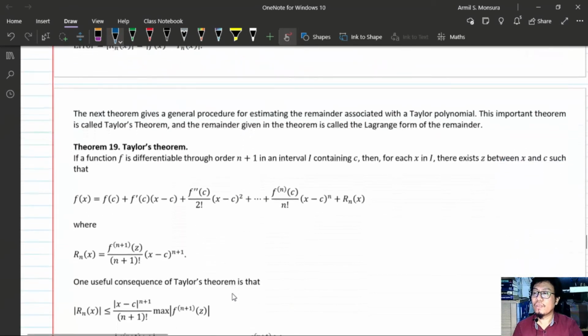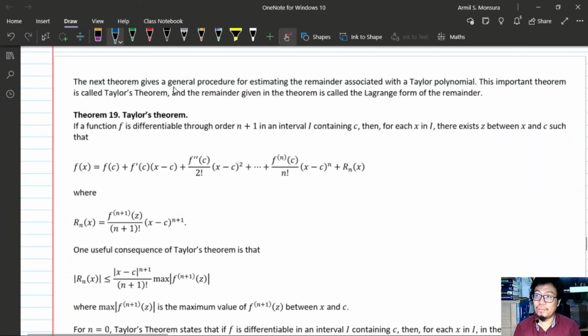So Taylor's theorem, the next theorem, gives a general procedure for estimating the remainder associated with a Taylor polynomial. We call this theorem Taylor's theorem, and the remainder given in the theorem is called the Lagrange form of the remainder.